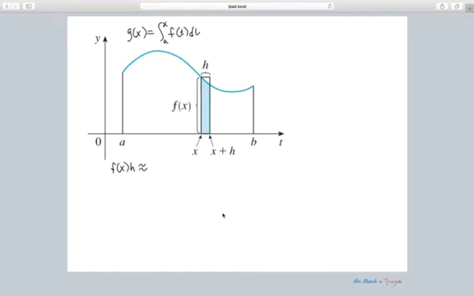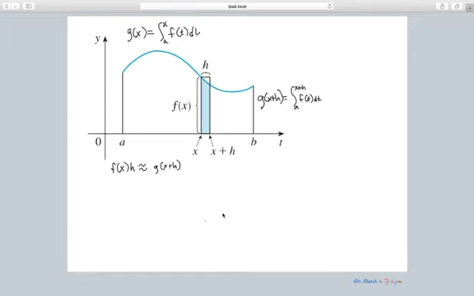what if I looked at g of x plus h? Well, if you think about that, g of x plus h is just the integral from a to, instead of x, we replace x with x plus h of f of t dt, right?